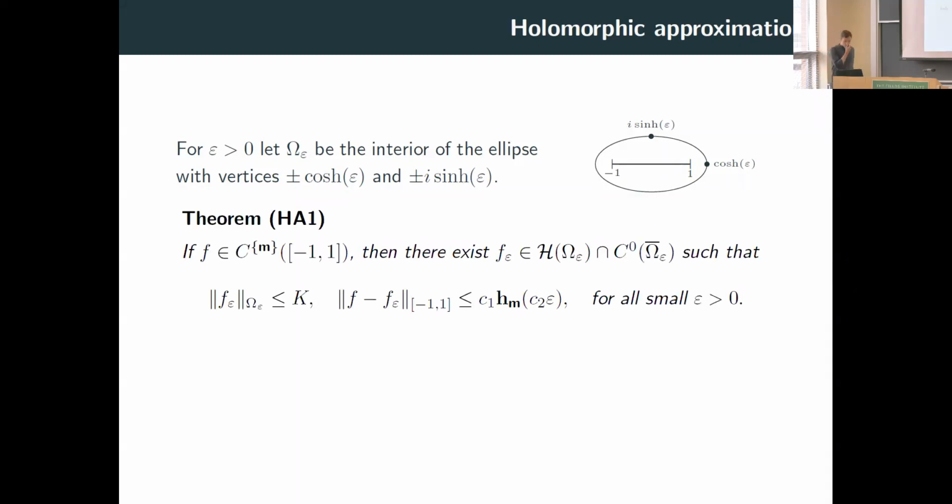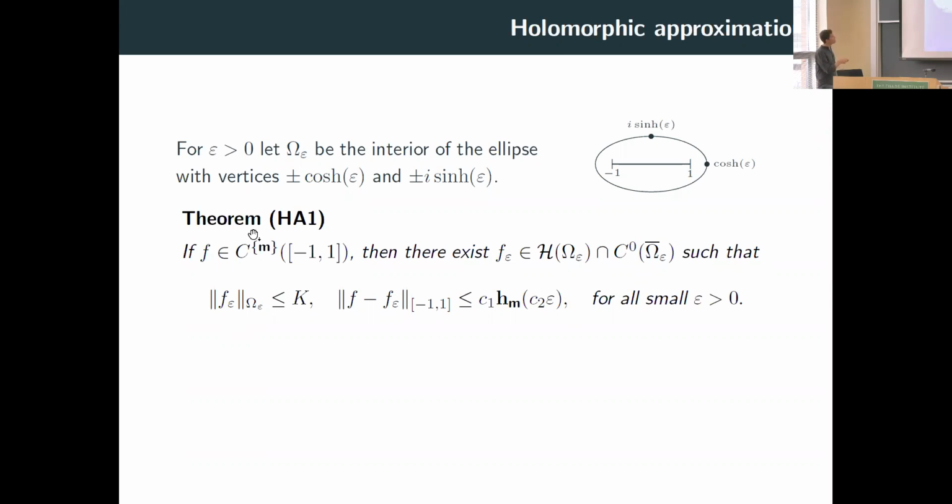And there is the following result. So suppose we have a function in our class. I suppose that the function lives on the closed unit interval. Formally, I did not define this, but it means that the bounds are valid globally on the whole interval. So the defining Denjoy-Carleman bounds hold uniformly on the interval -1, 1.